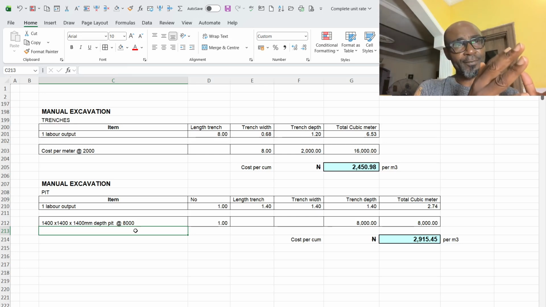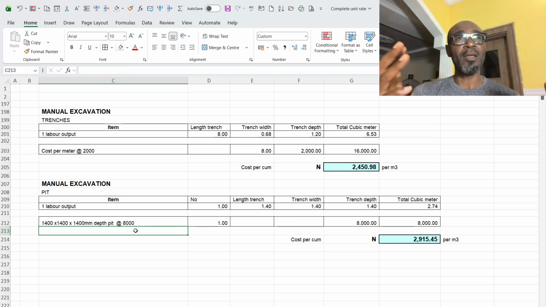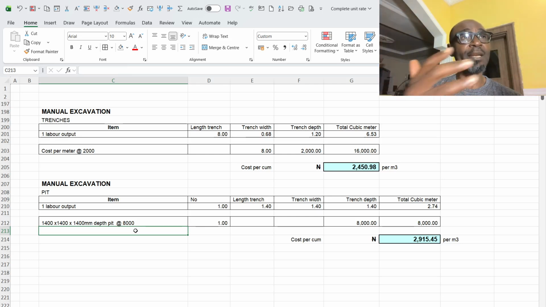Because their strength is not equal and their output is not equal, what you need to do is to sum up all the total length of trench they have dug, then divide it by the number of people that you have engaged, to give you what an average laborer can dig per day, and that is what I did.